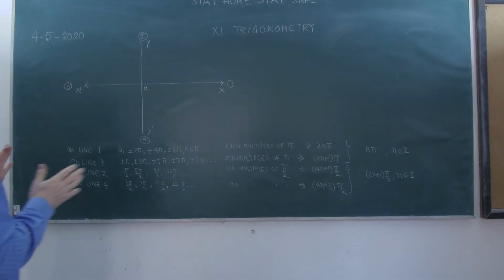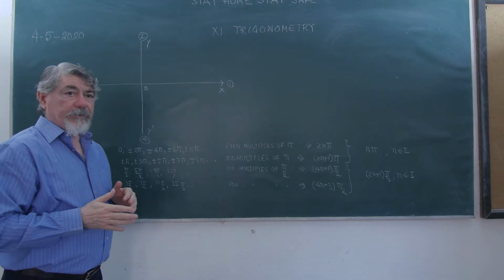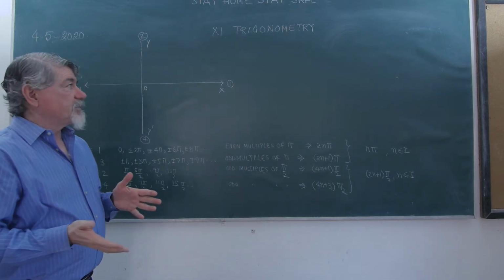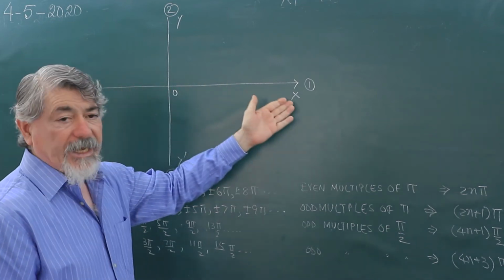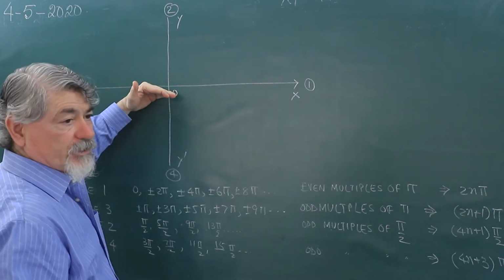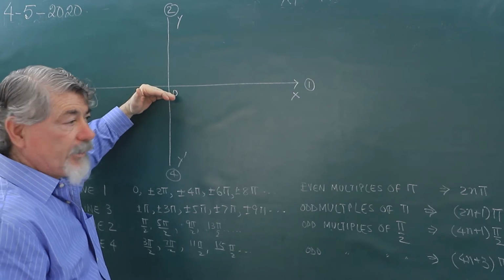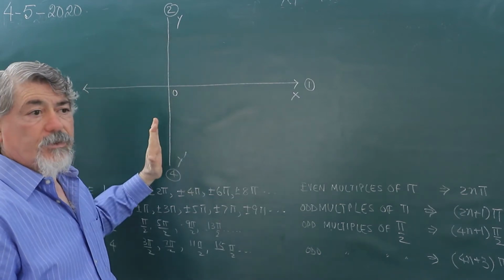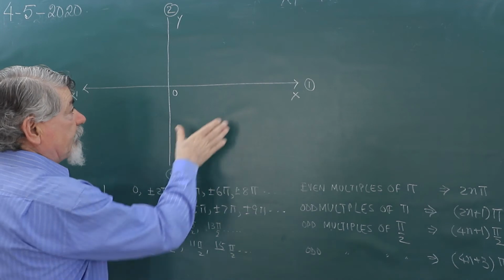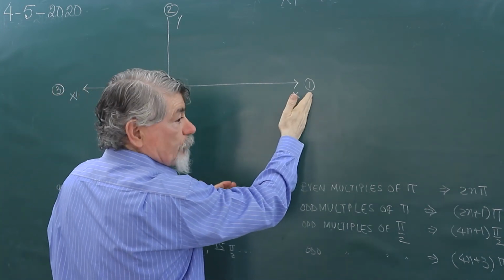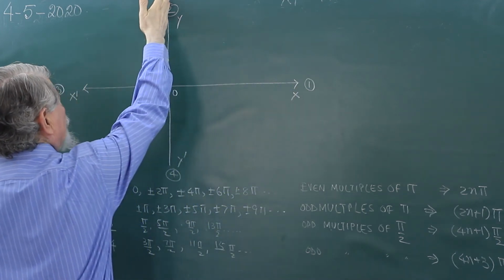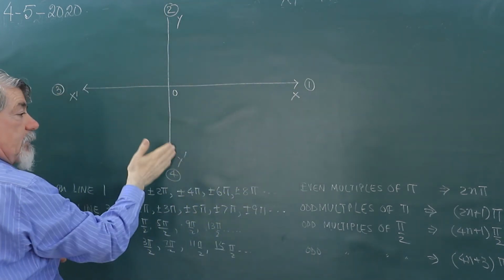Now just to summarize all what we have done, to generalize that, these are the two axes, the x-axis which is called the horizontal line, and the y-axis which is called the vertical line. We have given names to the positive side: this 1, this 2, this 3 and this 4.